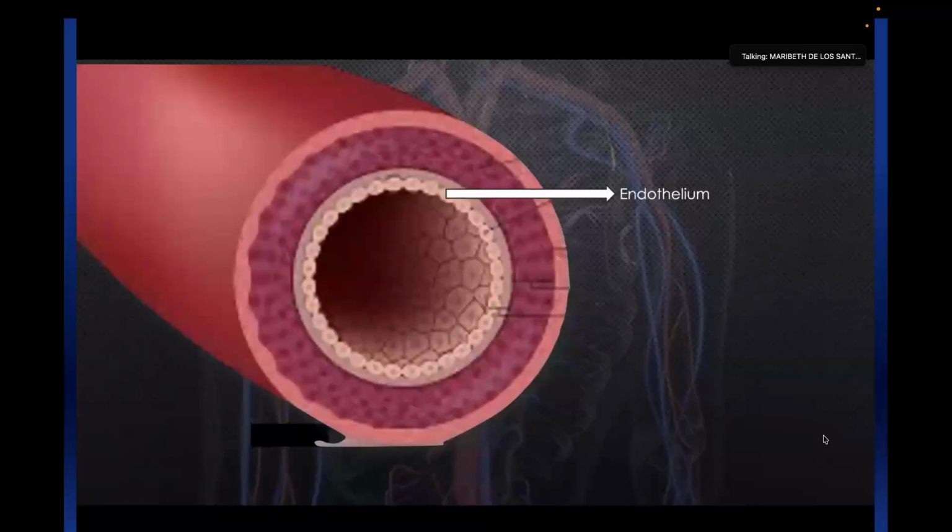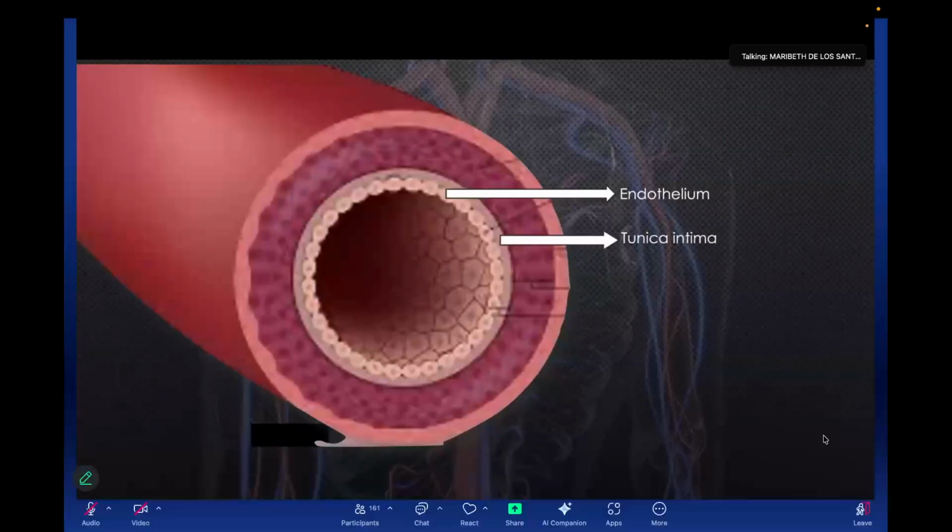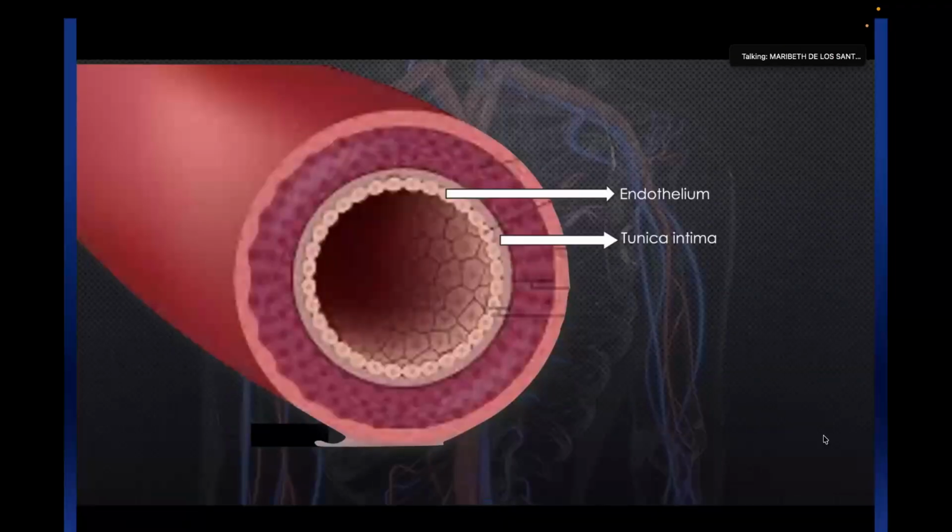So you have the single layer endothelium, the tunica intima, which contains the endothelium, the tunica media, which contains the smooth muscle cells, the thickest layer that is rich in elastic fibers, and this allows the aorta to stretch for dilatation and recoil to constrict for regulation of the blood pressure and blood flow.